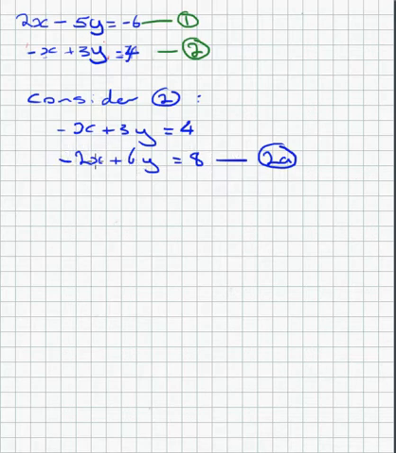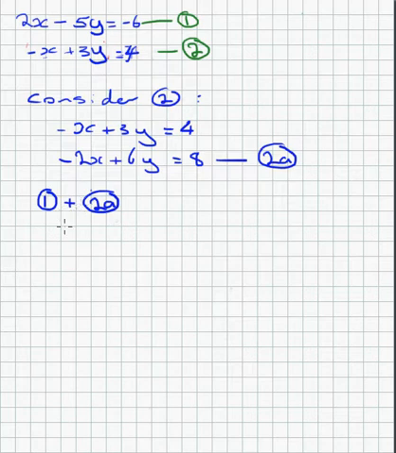Now that we have a minus 2x here, and in our first equation we have a 2x, we've set things up so that we can cancel out the x by adding this 2a to our first equation. So let's do that now.